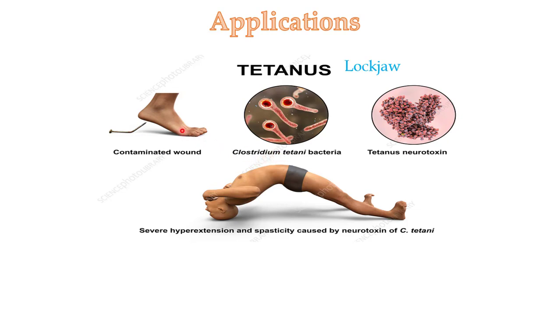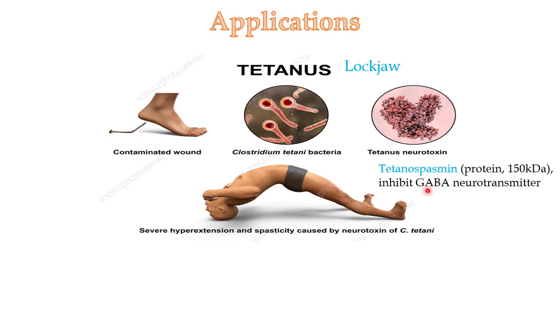Now, when this bacteria enters into the body, it is going to produce a neurotoxin, which is generally known as the tetanus neurotoxin. Specifically, the neurotoxin produced by Clostridium tetani is known as tetanus spasmin. This tetanus spasmin is a protein with a molecular weight of 150 kilodalton, and this toxin is going to inhibit the GABA neurotransmitter.